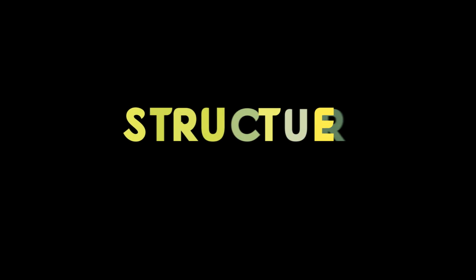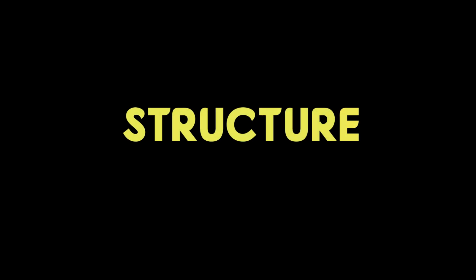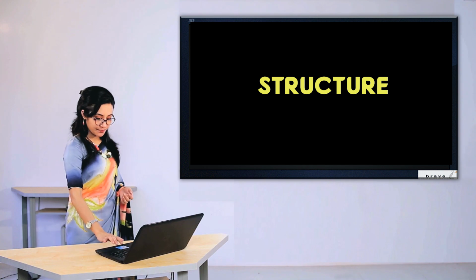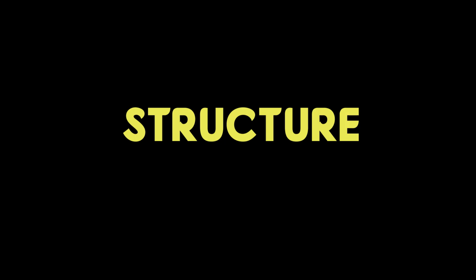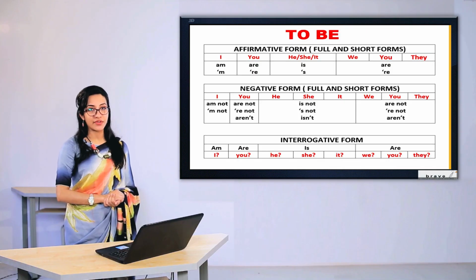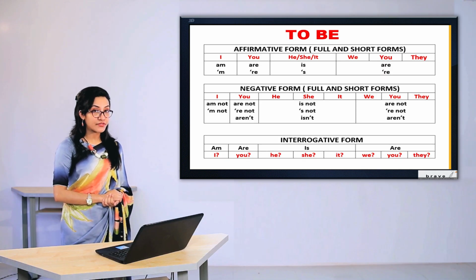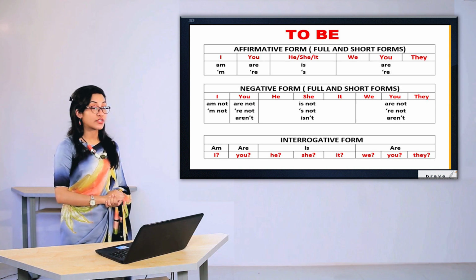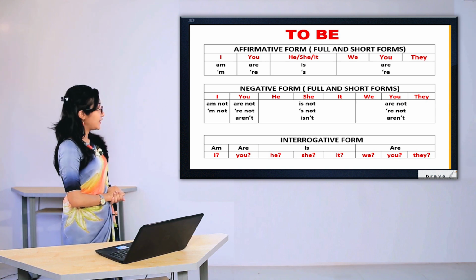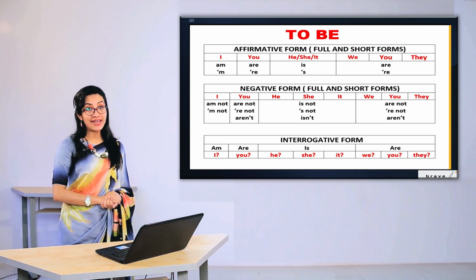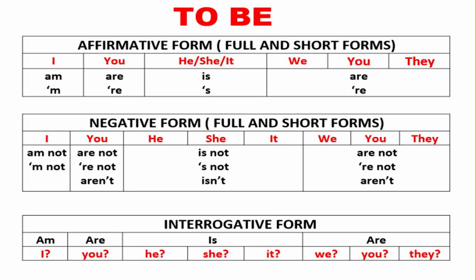Now let's look at the structure of simple present tense and how it is being used. At first, the uses of the to be verb in simple present tense. So we can see that at first we have talked about the affirmative form. When we use affirmative sentences, at first we use the subject, then we use the be verb, and at the end we use the object.